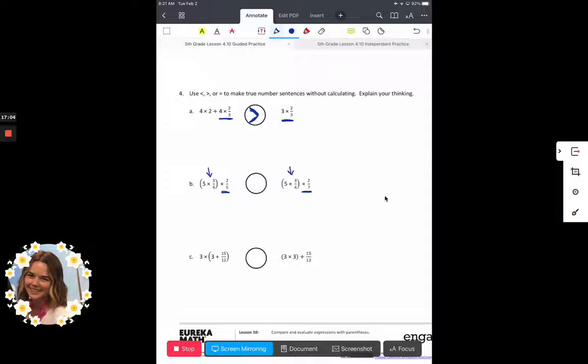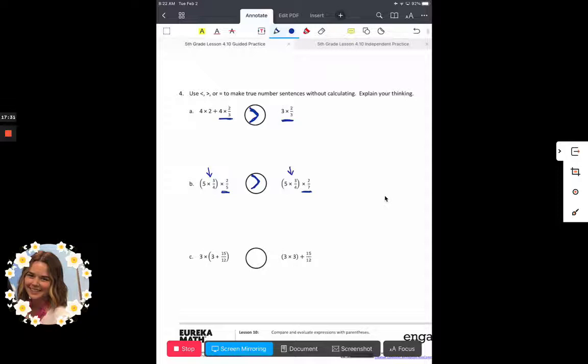So if we multiply times 2/5, we're kind of dividing this whole thing by 5. And if we are multiplying by 2/7, we're dividing it by 7. Well, if we divide it by 5, our pieces are going to be bigger than if we divide it by 7. So this would have to be greater than as well.